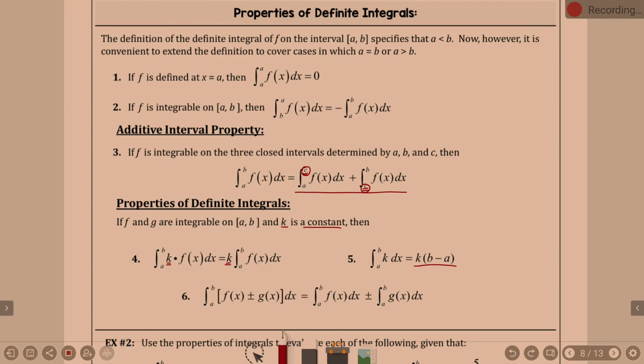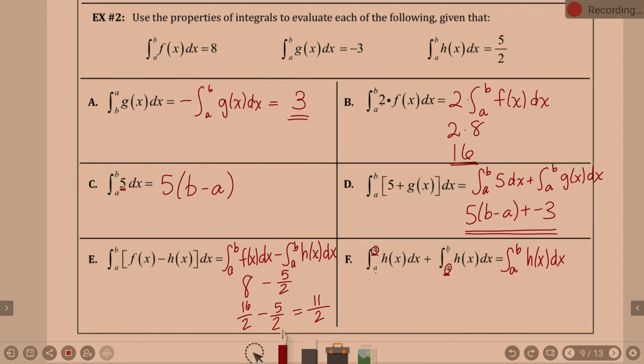The ones that match are the ones that go out, and we have the a and b. And the integral from a to b of h of x dx is 5 halves.